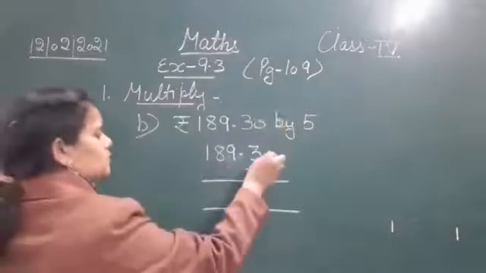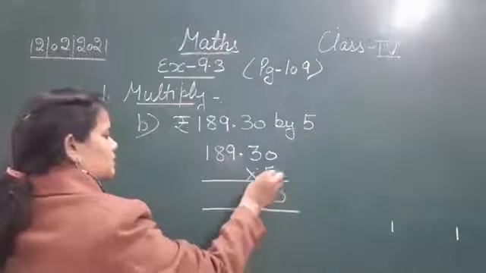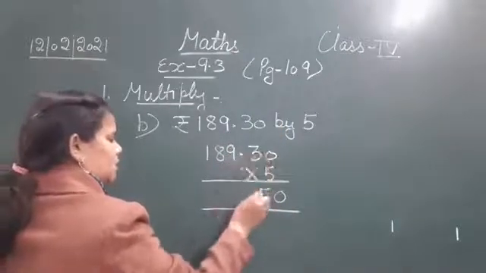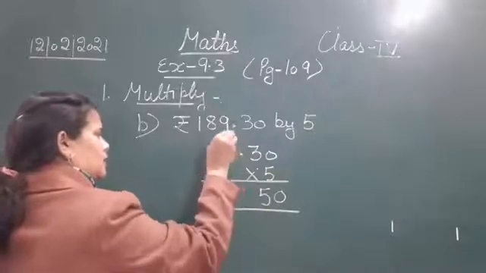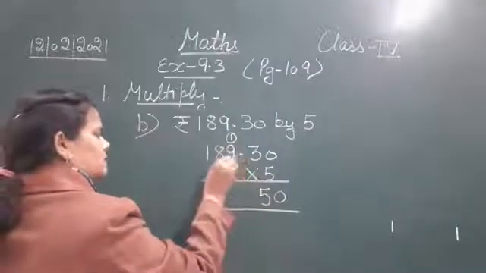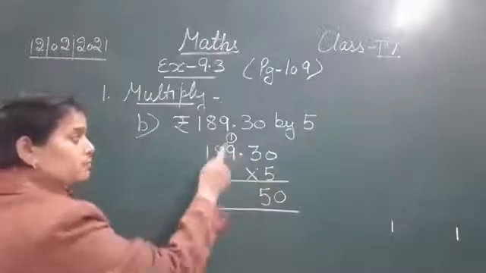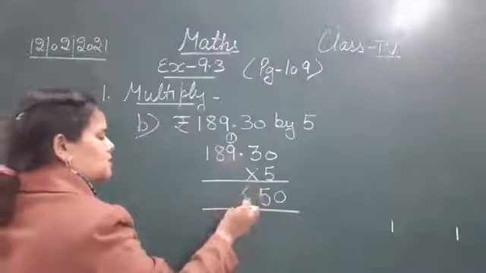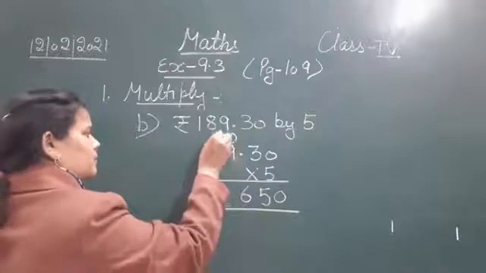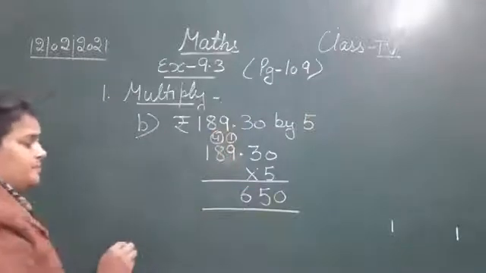Okay, 5 zeros are 0, 5 threes are 15, 5 will be here, 1 will be carried forward. 5 nines are 45 plus 1, that is 46. 6 here, 4 will be carried to the next number.